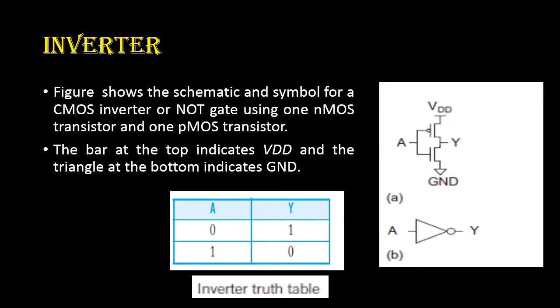Now we are going to consider the second case, that is, A is equal to 1. If A is equal to 1, then the NMOS transistor is switched on and the PMOS transistor is switched off. Therefore, there is no conducting path from VDD to Y, so Y will be a low value. So it is equal to 0.